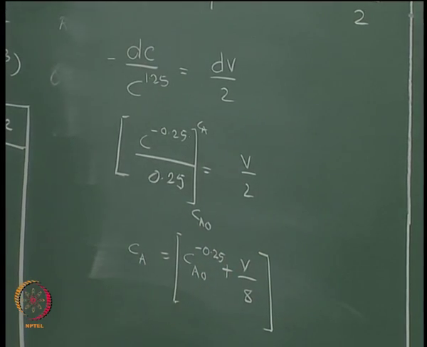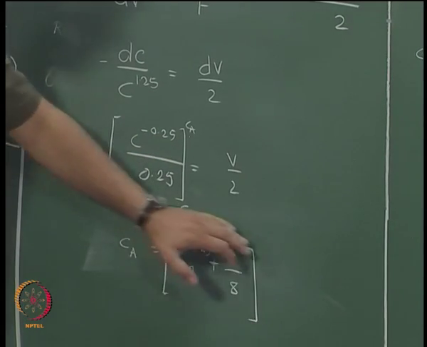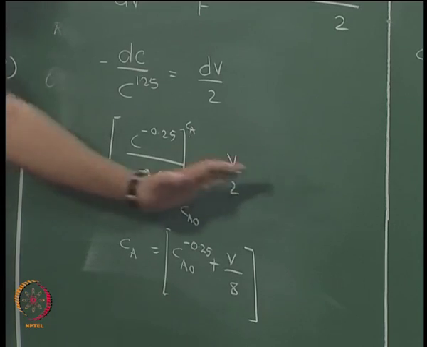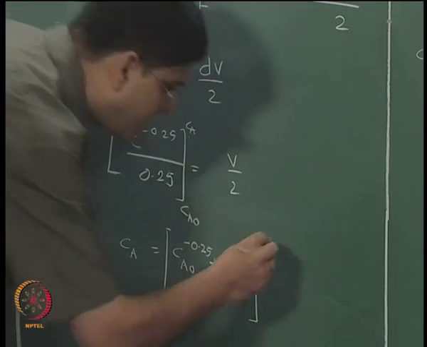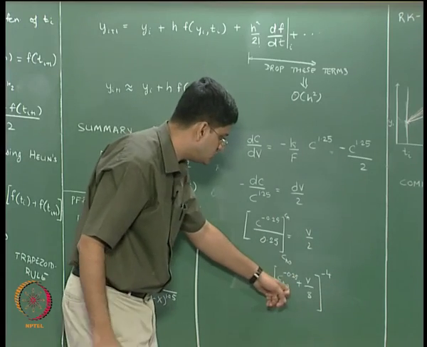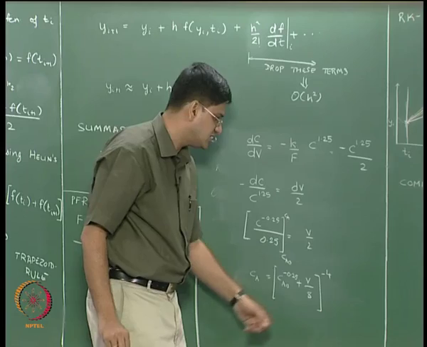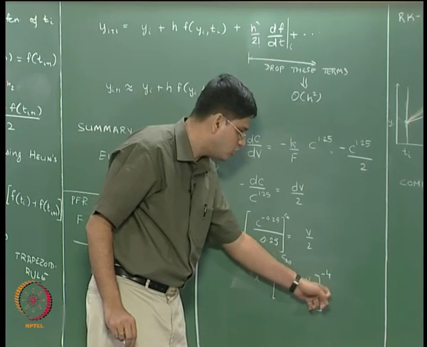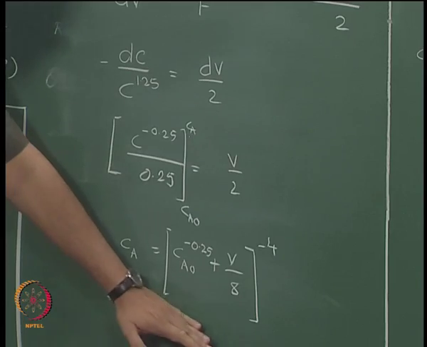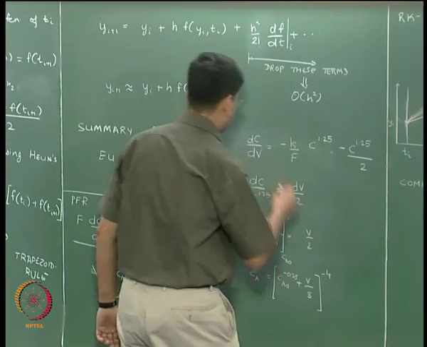Okay, and so Ca to the power minus 0.25 is going to be equal to this term, and then we will raise to the power of minus 4 in the exponent over there, and we will get Ca equal to Ca0 to the power minus 0.25 plus V by 8, where V is the volume of the PFR, whole raised to the power of minus 4.